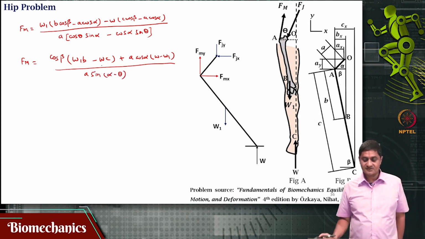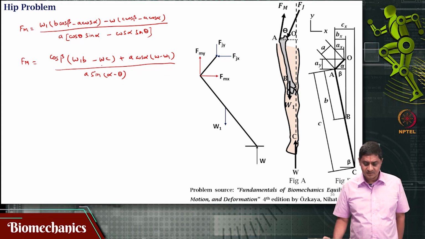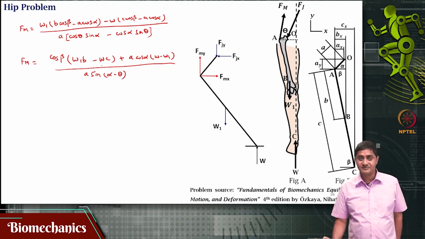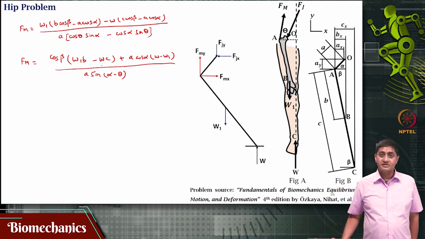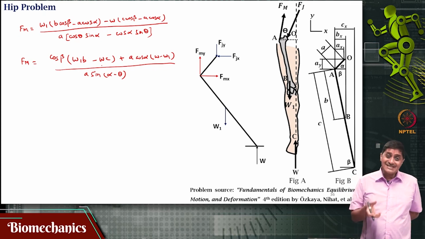That makes sense because cos theta sin alpha minus cos alpha sin theta looks like sin of alpha minus theta. We know this from trigonometric identities. So, this is the expression for Fm.